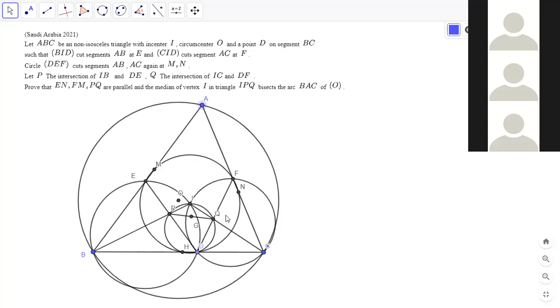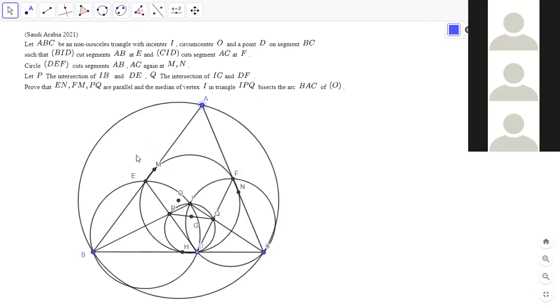And then once we know that, we know EMFN is cyclic, and so we have to show it's an isosceles trapezoid, right? But angle MEN is, let's see.